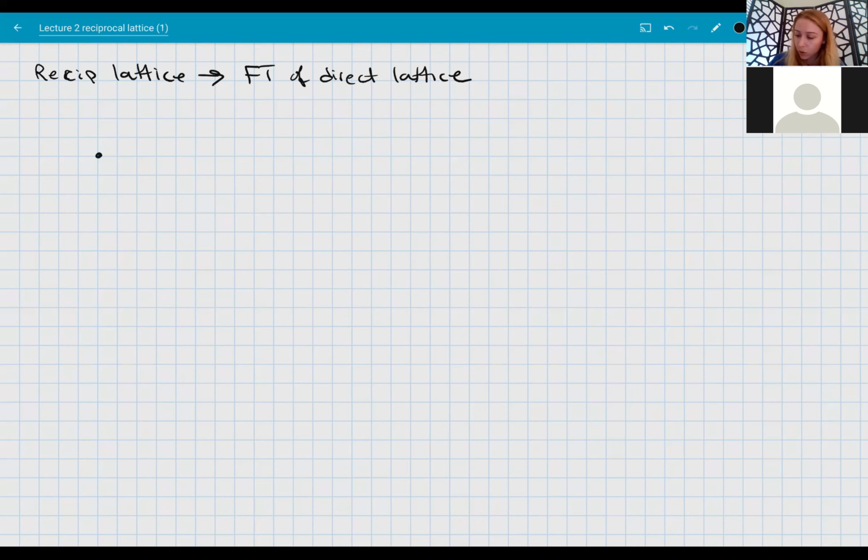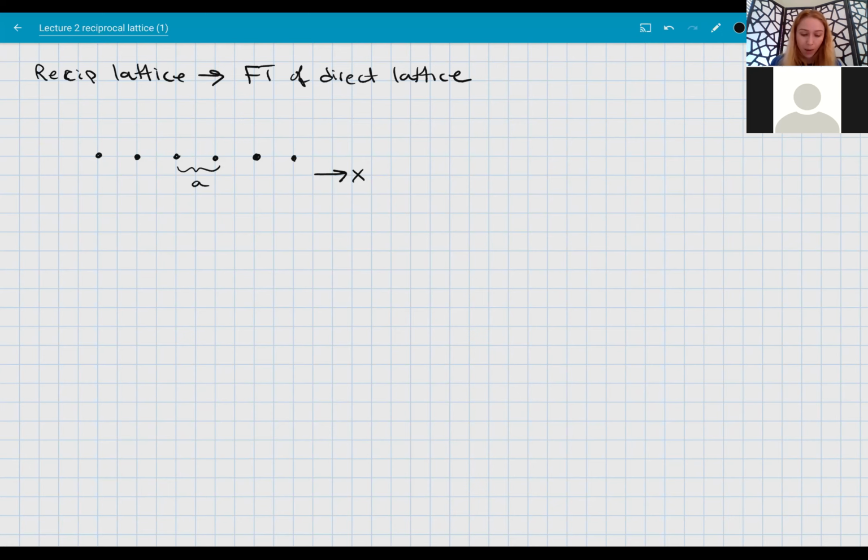So I'm going to draw a one-dimensional lattice, and this is intended to be a direct lattice. So this is the x direction, and the spacing between any 2 points is a. So in general, if you see a drawing like this without any context, if the units are a, you know it's a direct lattice. If it's 2 pi over a, you know it's a reciprocal lattice.